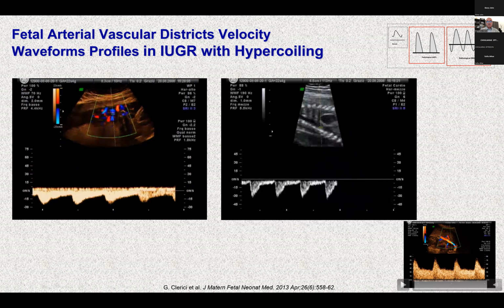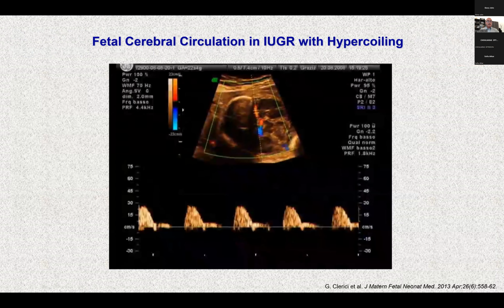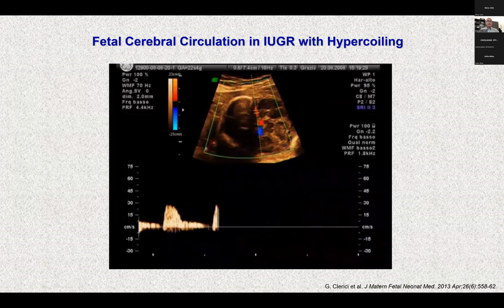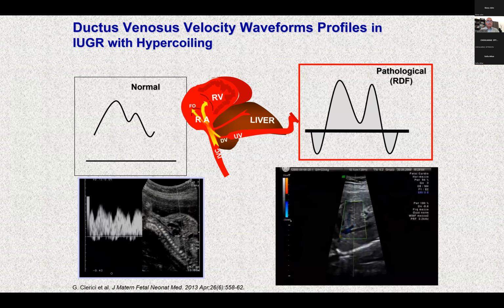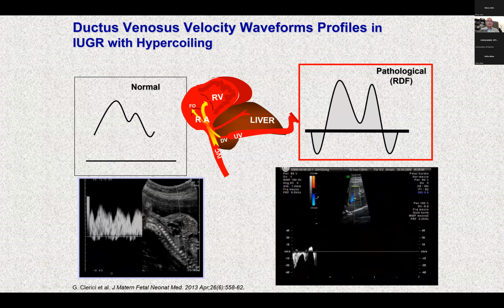And I was checking also the maternal side with the evaluation of the uterine perfusion that was completely normal in this case. I was checking also the fetal cerebral circulation that was normal again. And I was checking the venous district.